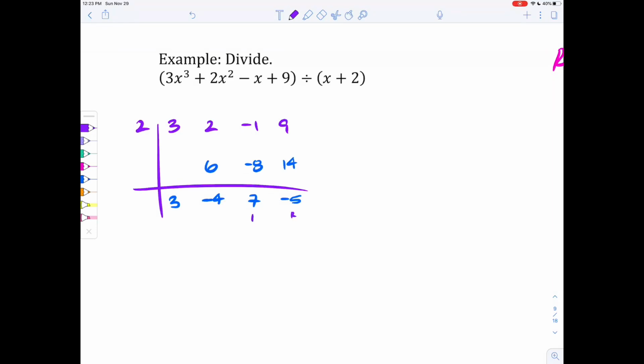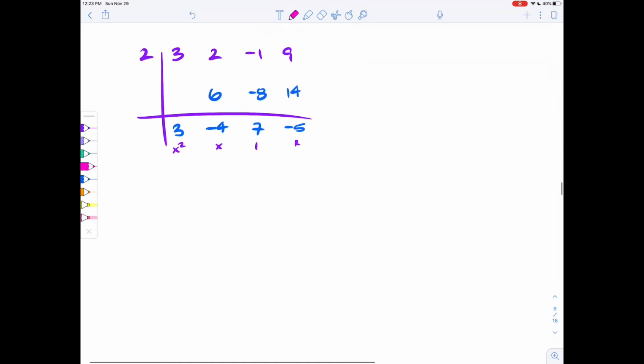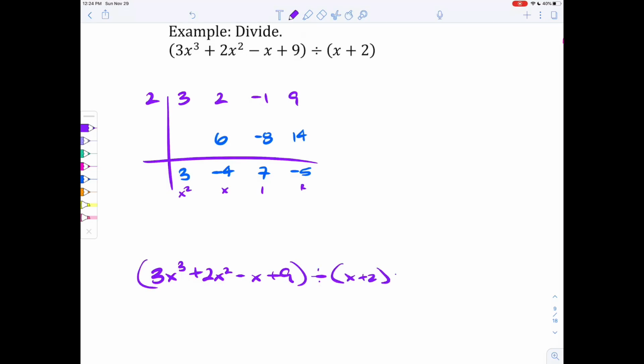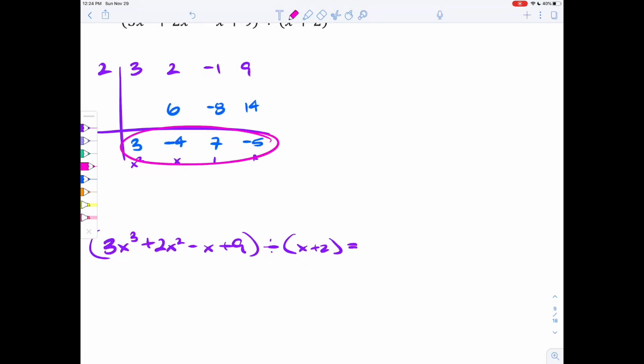So when we put this all together in our final answer, we will say that 3x cubed plus 2x squared minus x plus 9 divided by x plus 2 is equal to, so let's take a look at this part.